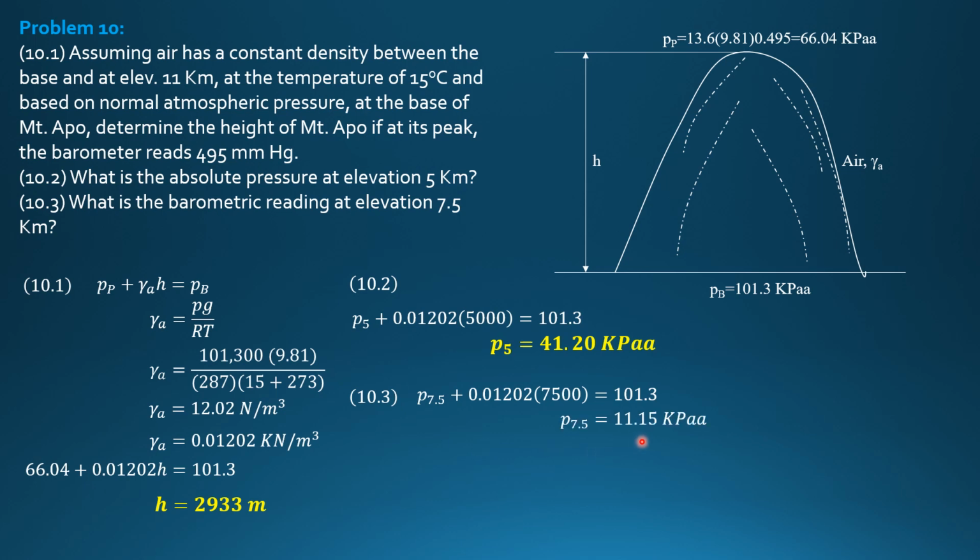So 11.15 kilopascals, so the barometric reading is 11.15 over 13.6 times 9.81. This is in meters, so we multiply by 1,000 to express it in millimeters. The barometric reading therefore is 83.57 mm of mercury column.